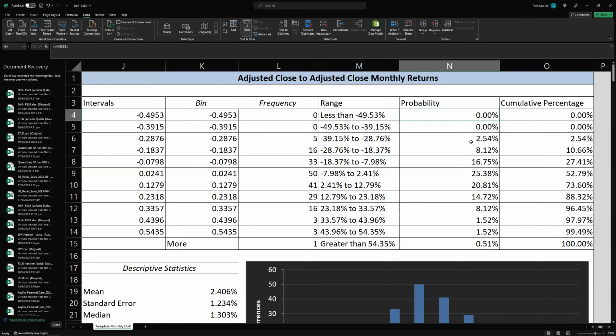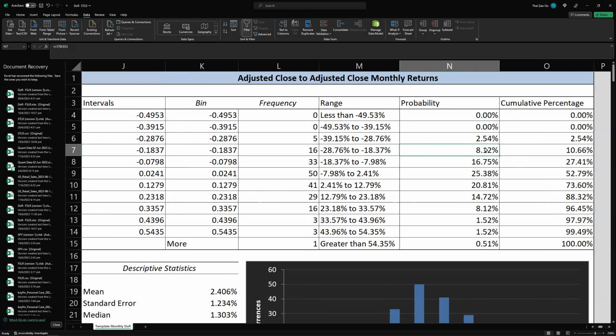There is a 10.66% chance that First Solar will return negative 18 or lower. So if you set your stop loss at negative 18%, you will have about a 10% chance of getting stopped out, because we are looking at negative 18% and below.